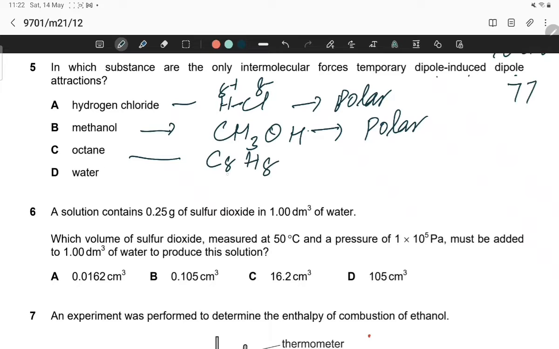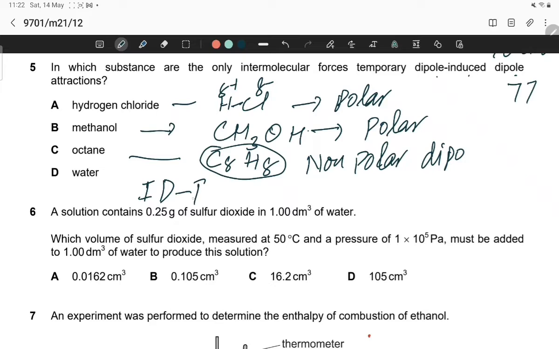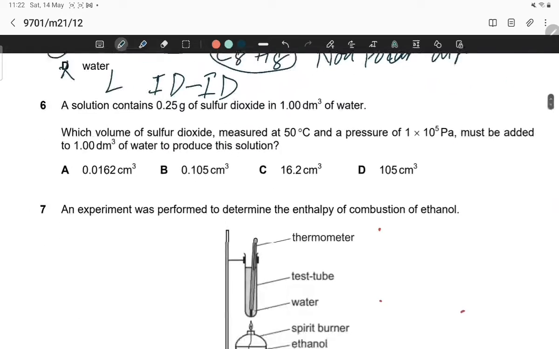C8H8 is a non-polar molecule because there is only a slight difference between the electronegativity values. Non-polar molecules exhibit induced dipole induced dipole forces. So this must be correct. And water also is a polar molecule, so this is also incorrect.